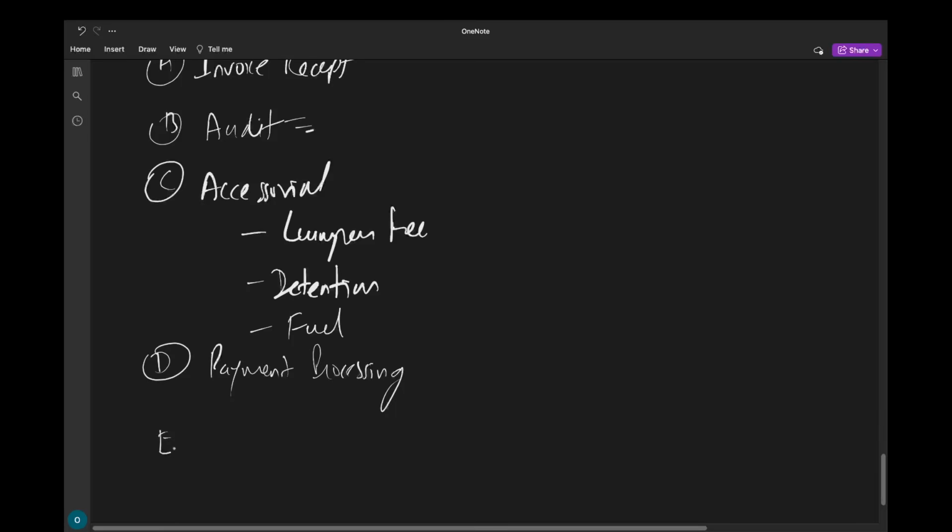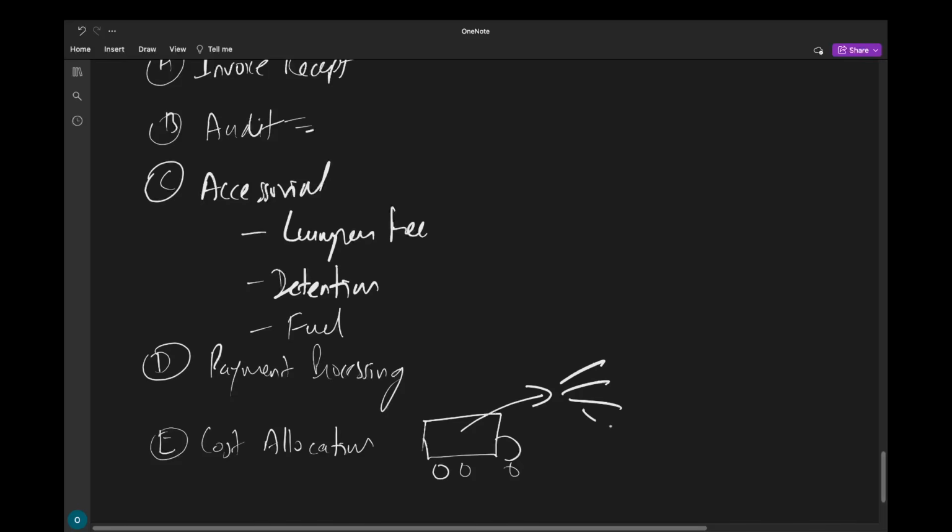And we also do cost allocation. So allocate cost to the correct customer or order, which is important for profitability analysis. For example, there is a truck carrying goods for 10 customers. For the first customer 100 items, for the second customer 50, for the third customer 150, and so on.